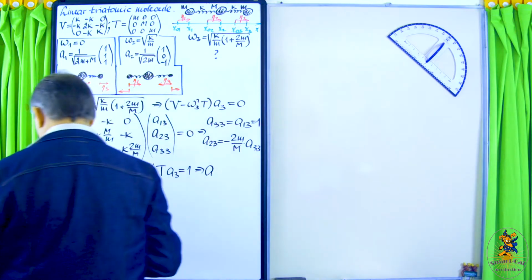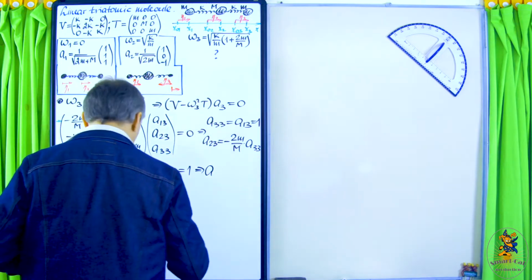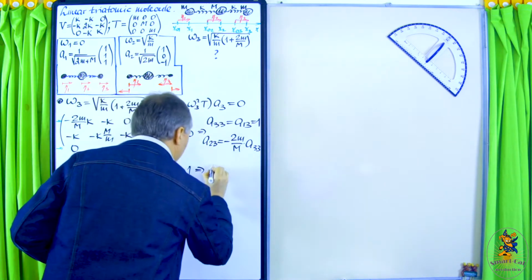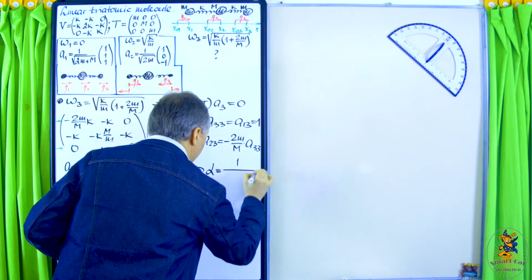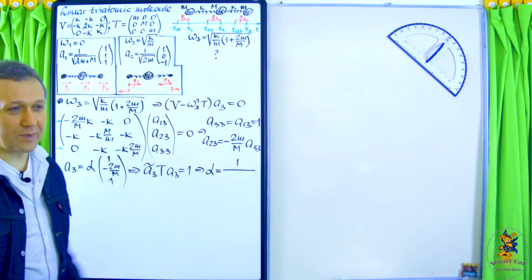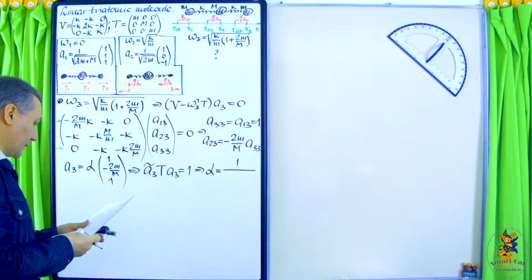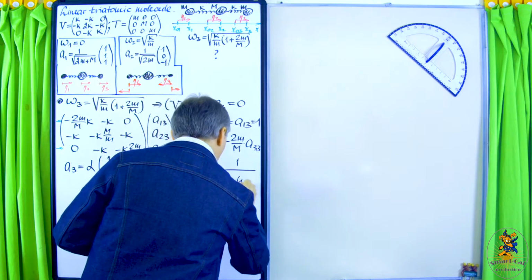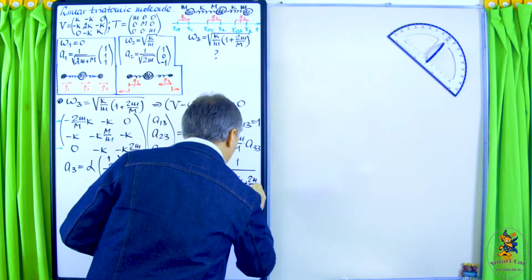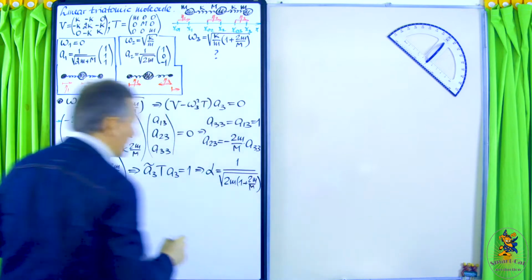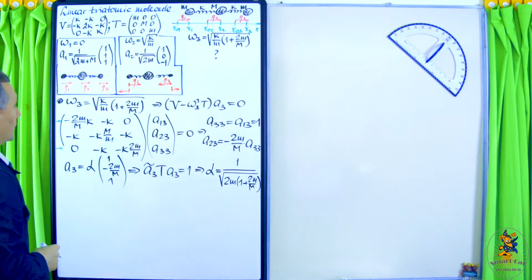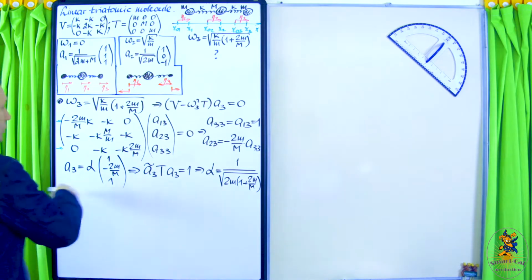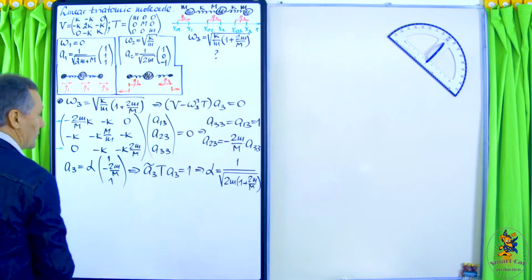After applying this normalization procedure, which is straightforward, you will end up with the vector. Okay, you know what? It's too long. Let me write the normalization factor first, and then I will write the vector underneath. The normalization factor will be equal to 1 over the square root of 2m, 1 plus 2m small over m capital, because I don't have enough space.